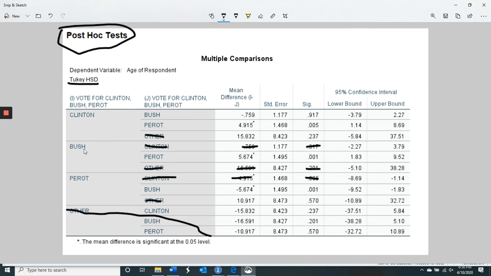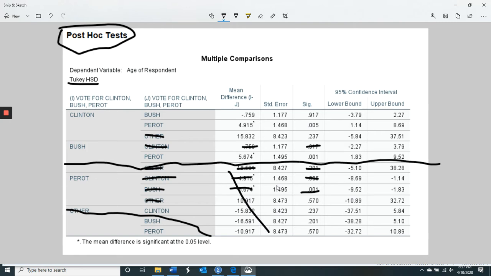And same thing here. So here's Bush and Perot, and Perot Bush. I don't know why I said Bush like that, it was just because I said Perot. It's the same. It's 5.67, the same number. So we just ignore these repeats. Essentially, we're only looking at half the output because all of this other stuff is repeats.